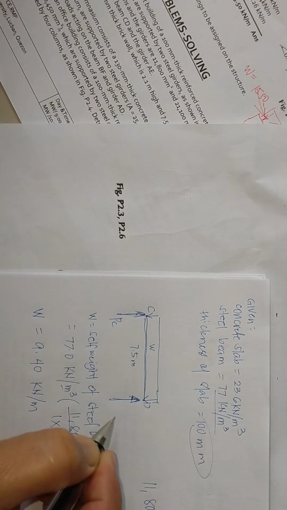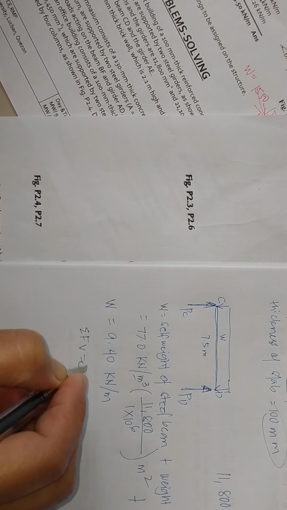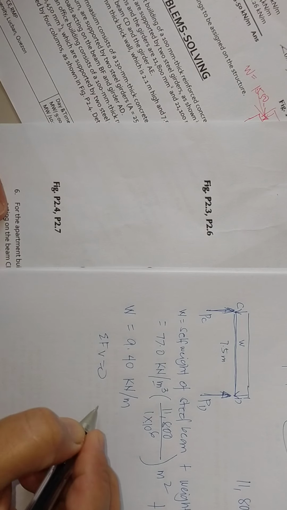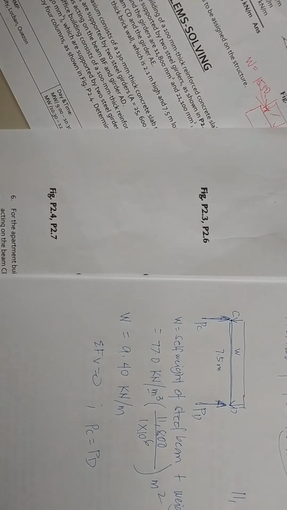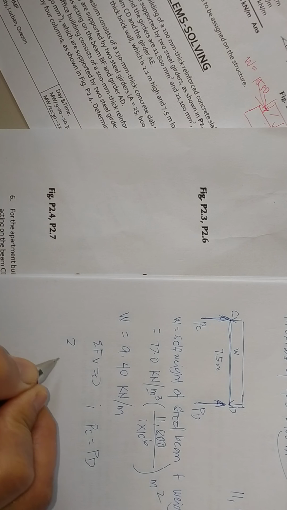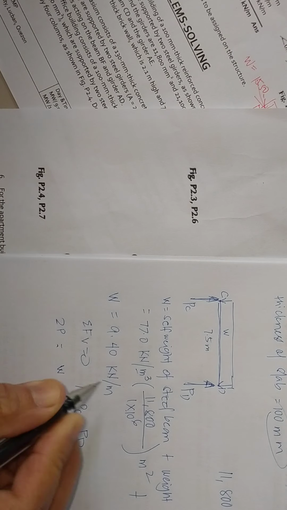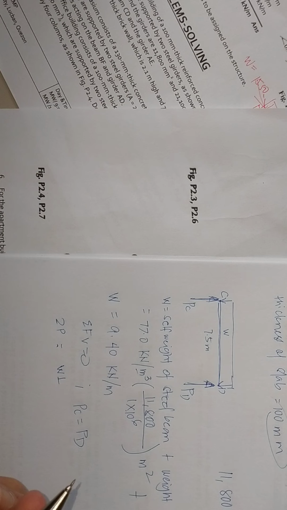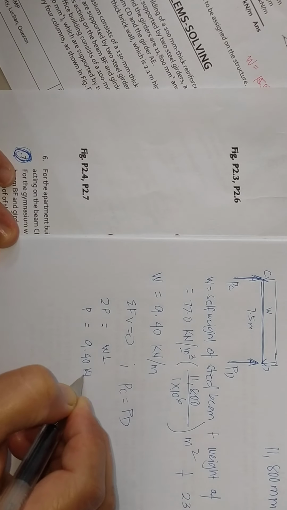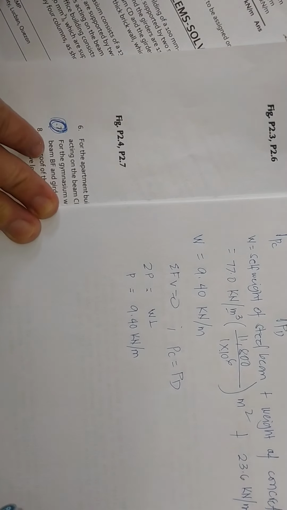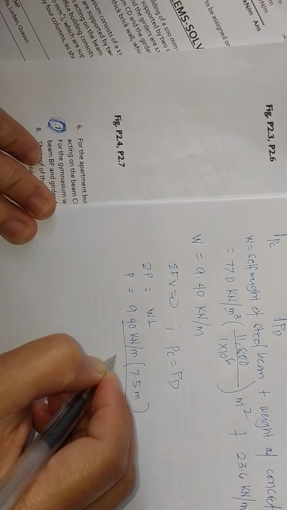Computing for PC and PD, summation of vertical forces equals 0. Knowing that PC is equal to PD because it is symmetrical, 2P is equivalent to w multiplied by length, that is P equals 9.40 kilonewton per meter multiplied by 7.5 meter over 2.